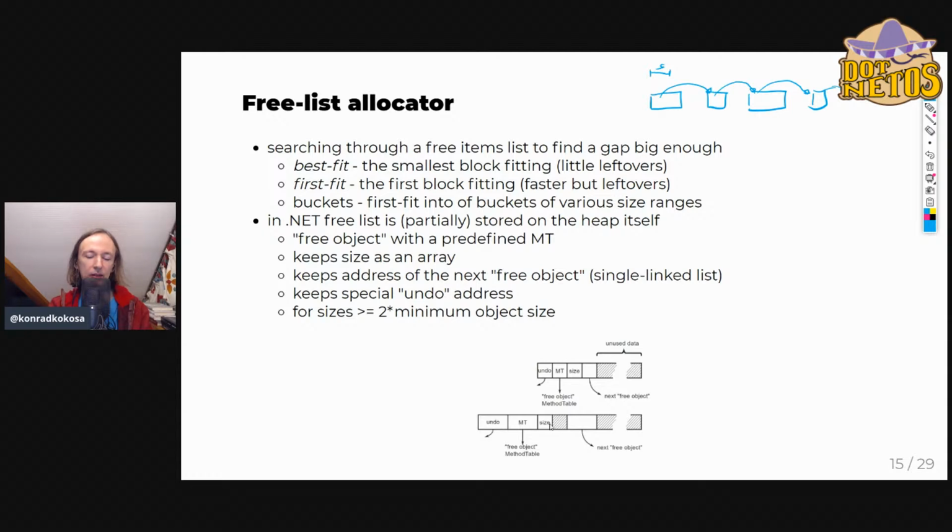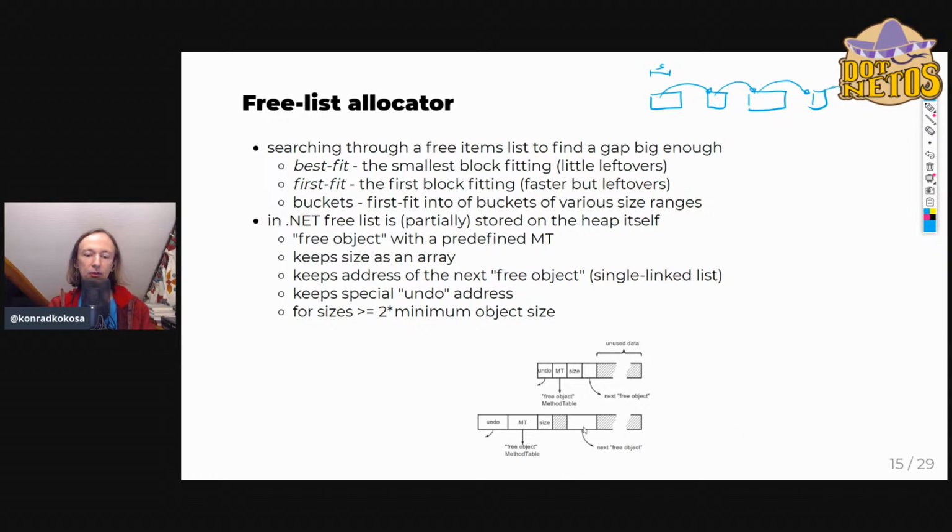Then we are keeping the size of it, which is very similar to how arrays are stored. The first field inside it is the size, in bytes in this case. So it is treated as kind of a byte array with a given size. Obviously we don't care what's there, because it is just free space to be reused.